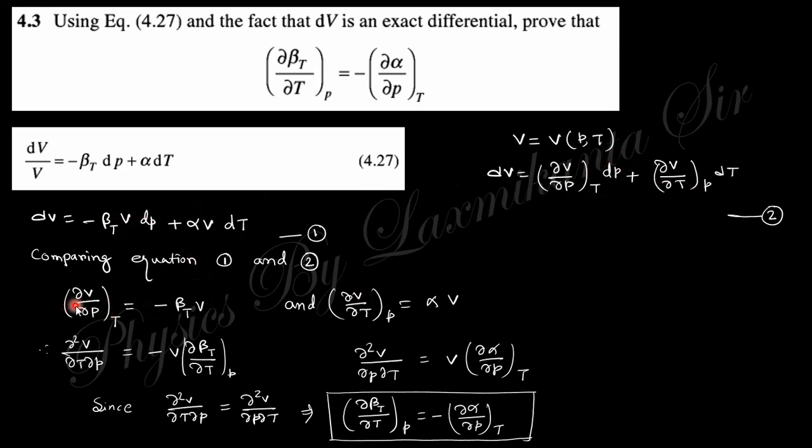So del V/del P at constant temperature is nothing but minus beta T V, and del V/del T at constant pressure is nothing but alpha V. If you differentiate again, this one with respect to temperature and that one with respect to pressure, these two are equal. From where you can easily find this relation.